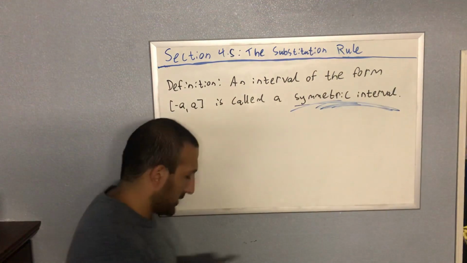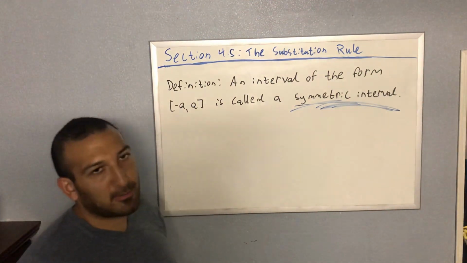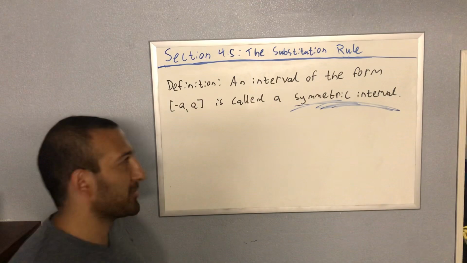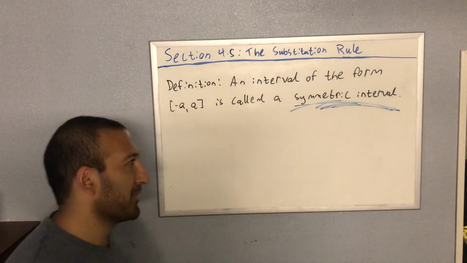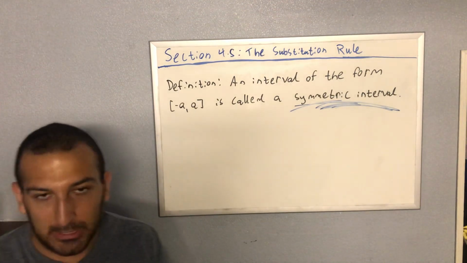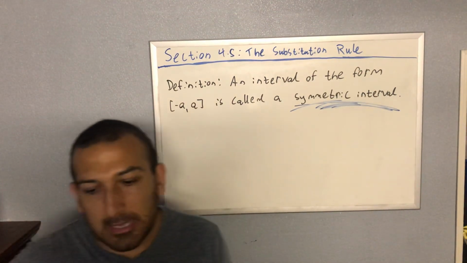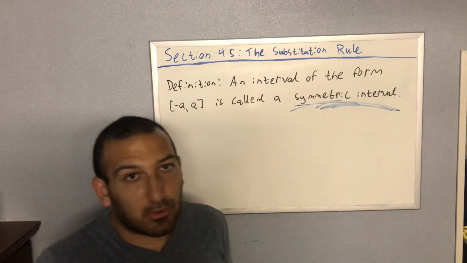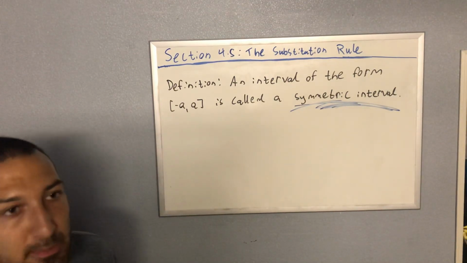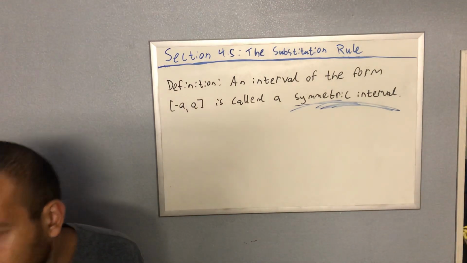It's just a bit of fancy wordage that I'll probably use, and it'll make you sound really smart. Oh, symmetric intervals. So it's good to know. So we can say that we know properties about even and odd functions: the integral of even and odd functions over a symmetric interval, we have established certain results about these.